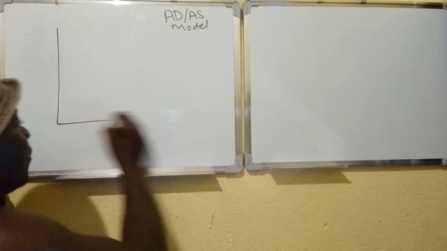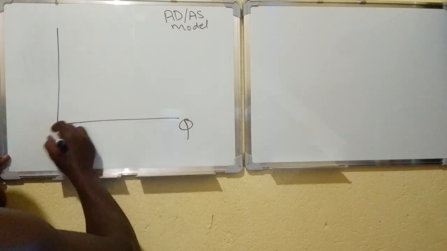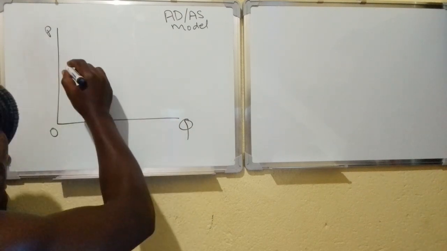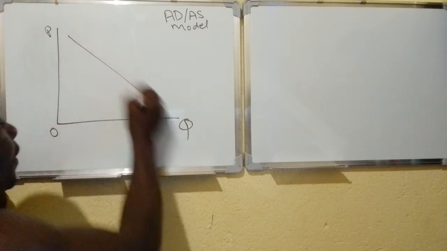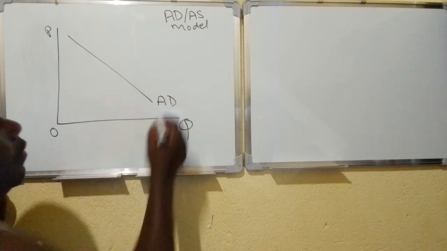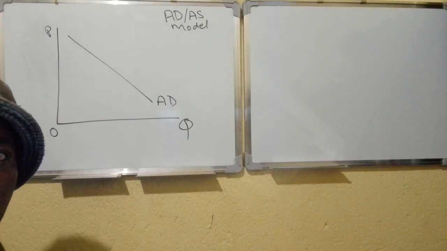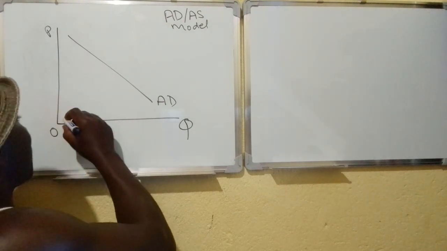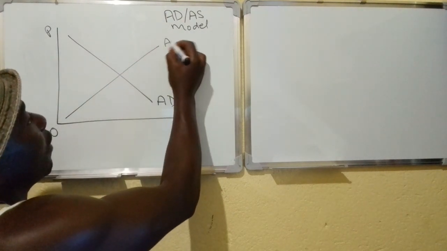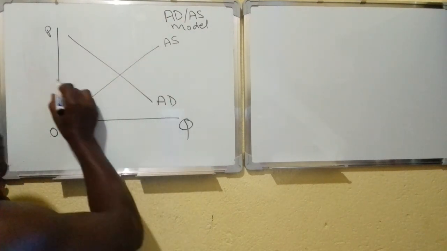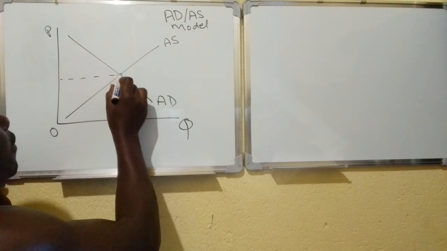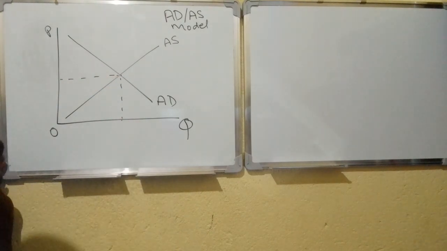Now let's start with the aggregate demand. Like the usual demand curve, your aggregate demand curve is downward sloping. And then like the usual supply curve, your aggregate supply curve is upward sloping. And then this is the whole economy.